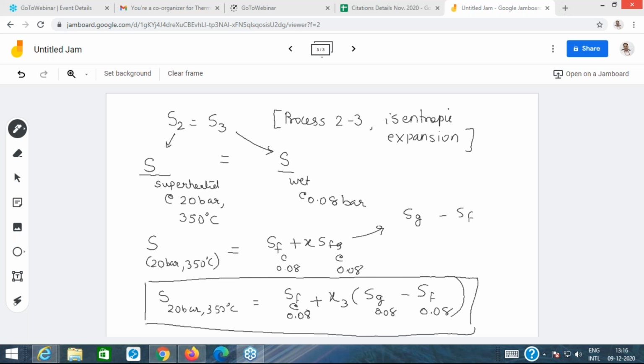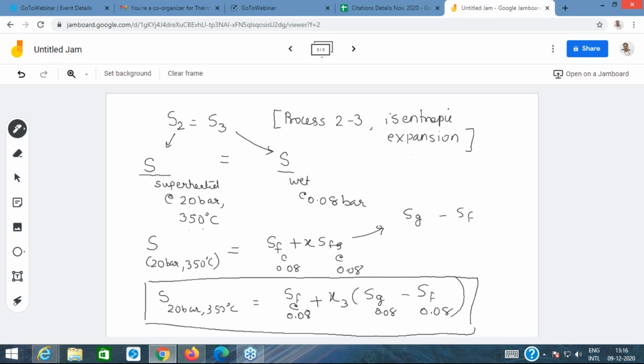So the process 2 to 3 is an isentropic expansion, meaning entropy before expansion is equal to entropy after expansion. Entropy before expansion is S2, entropy after expansion is S3. Entropy before expansion, at the inlet to the turbine, is the entropy of superheated steam whose pressure is 20 bar and temperature is 350 degrees centigrade.